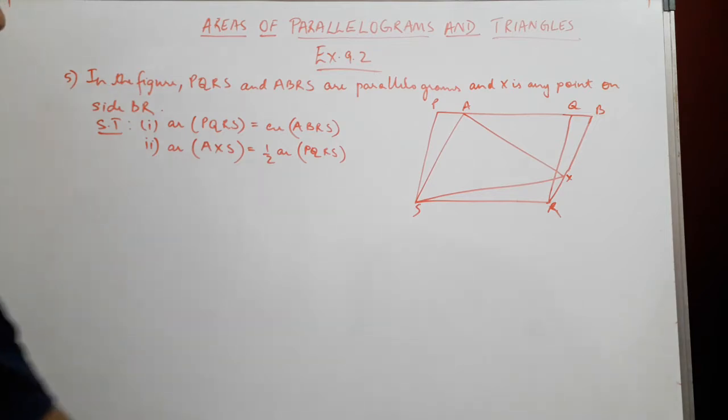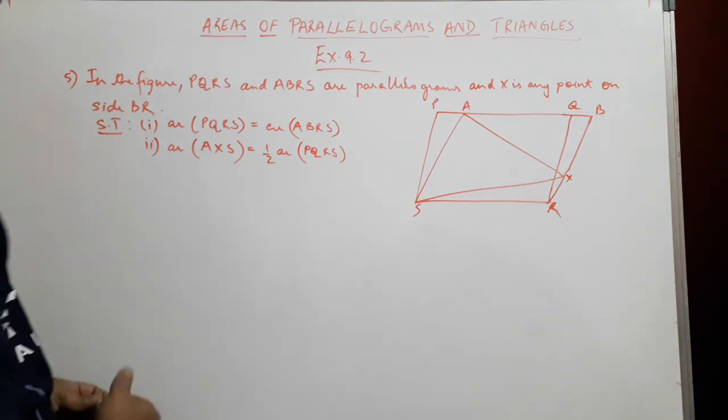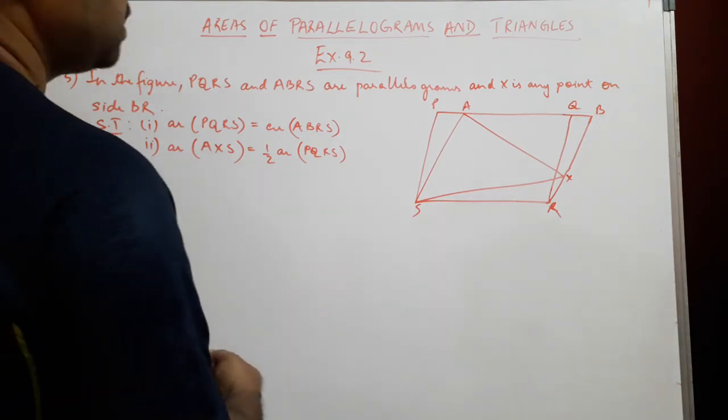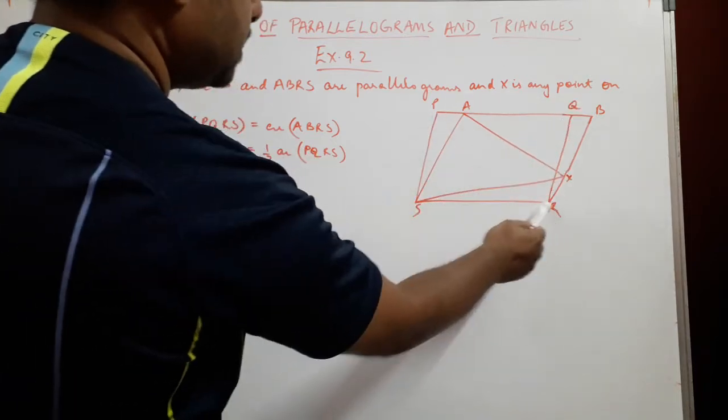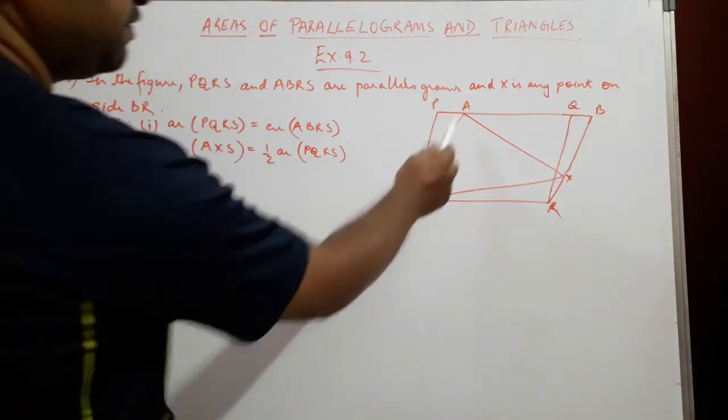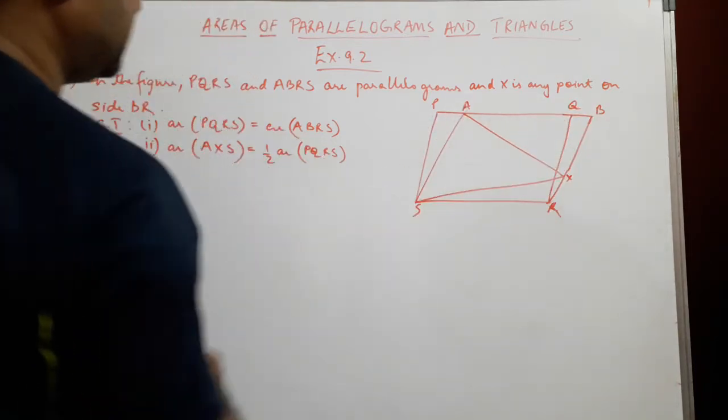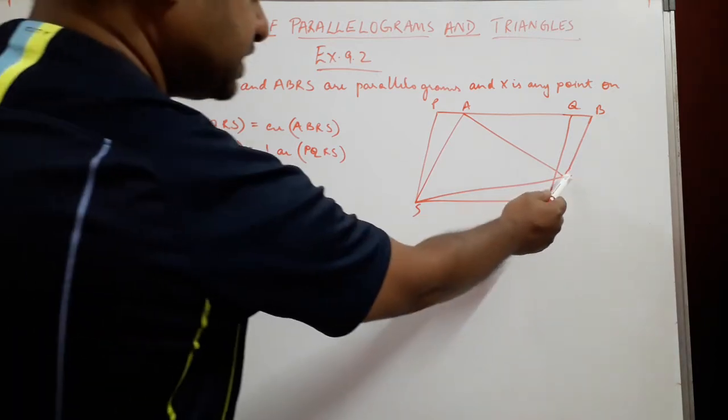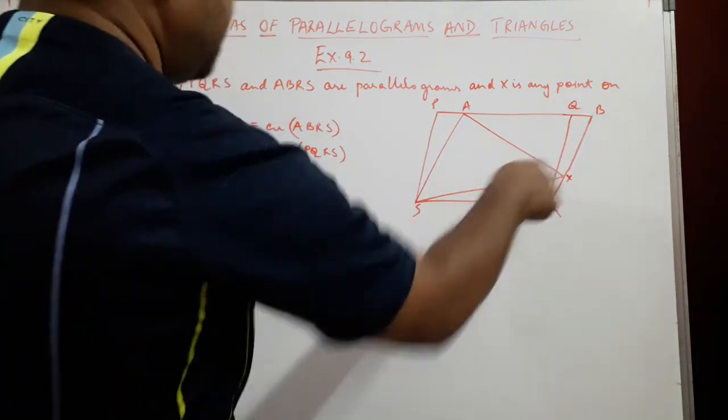Let's once again go through the question that we have been given. PQRS is one parallelogram. Then we have ABRS as another parallelogram. We are given X as any point on the side BR.